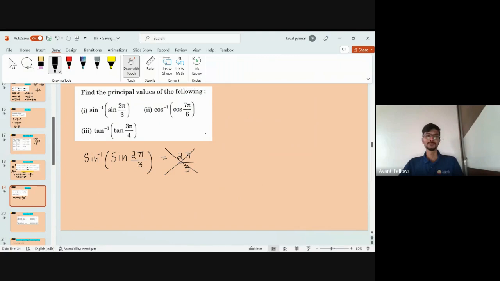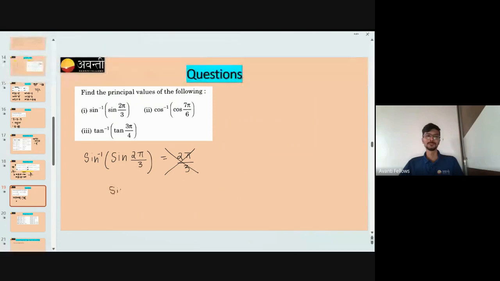Now, let me see what I can do here. Sine of 2 pi by 3. I can write sine of 2 pi by 3 as sine of pi minus pi by 3. Here comes the allied angle part. This will be equal to sine inverse of sine of pi minus pi by 3.